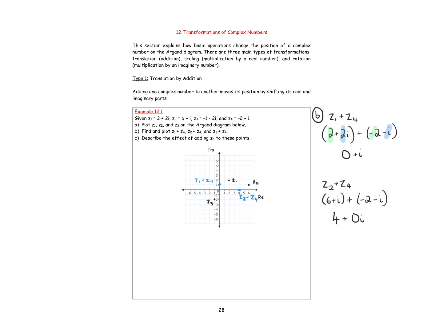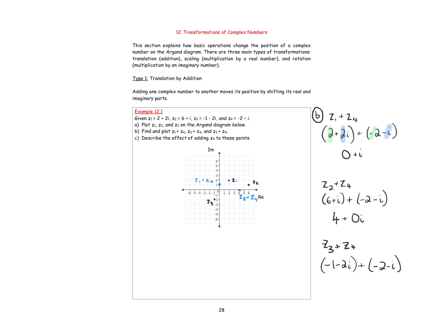Finally, we're looking at z3 plus z4. z3 is minus 1 minus 2i. And z4 is minus 2 minus i.